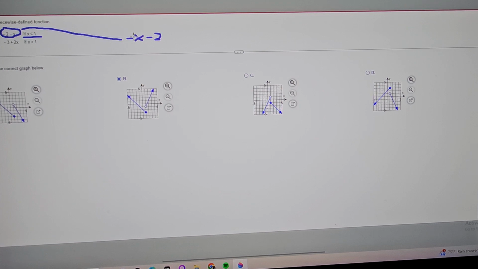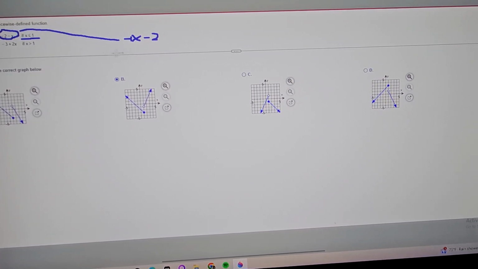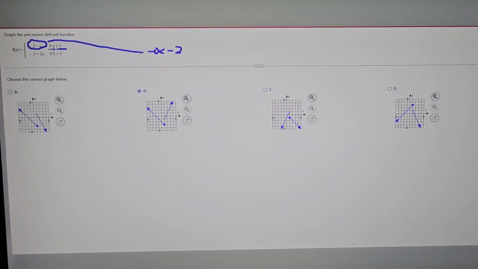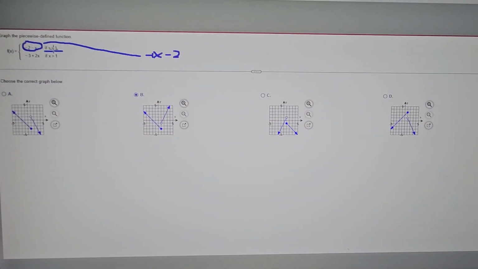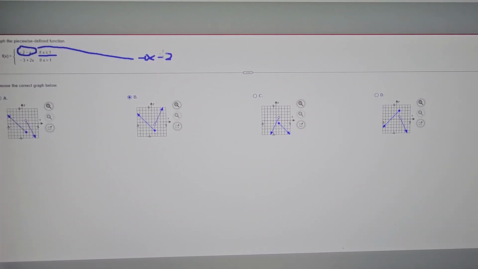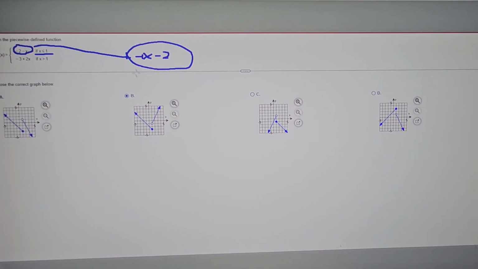So here it's -1x take away 2, and we try and graph it. If x is less than or equal to 1, this function will be expressed.